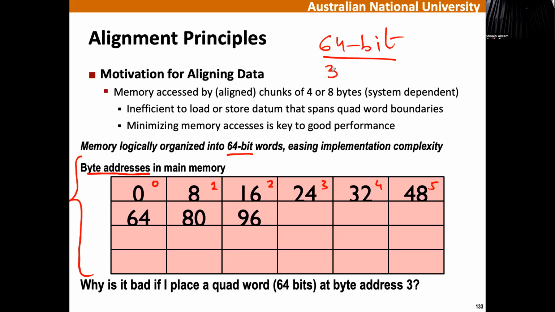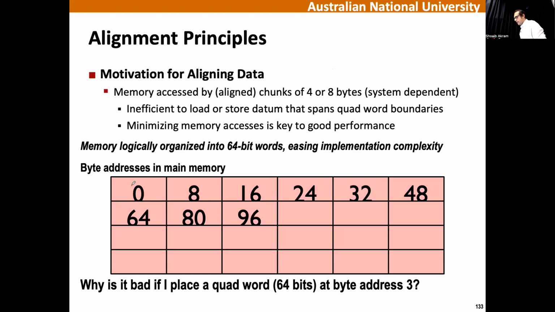We need 2 memory references, not instructions, to read the bytes that make up a single 64-bit word. Right? If my 64-bit word is spread across these 2 logical words, then I need to do 2 memory references and then somehow shuffle the bytes together to make up a 64-bit word in my registers.